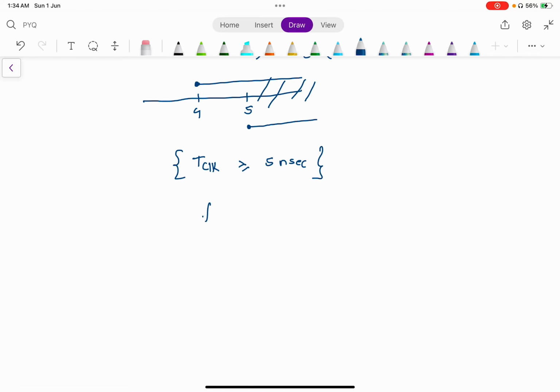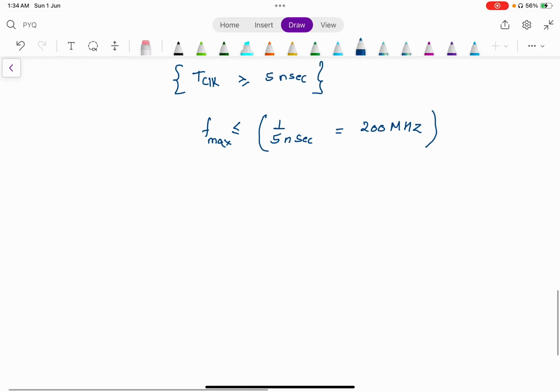So what should be the frequency? The maximum frequency should be 1 over 5 nanosecond, which comes out to be 200 megahertz. This should be the maximum frequency for this circuit for proper operation.